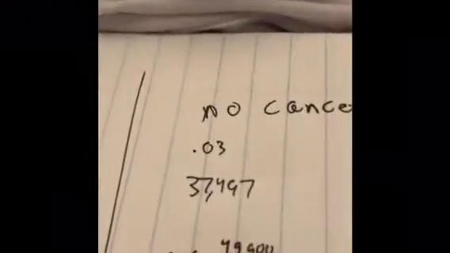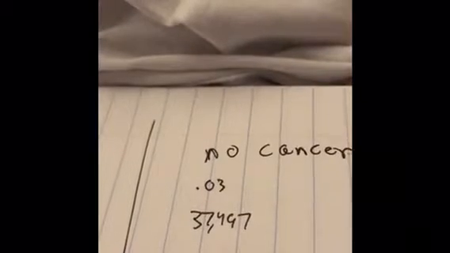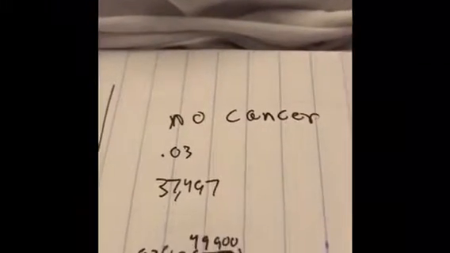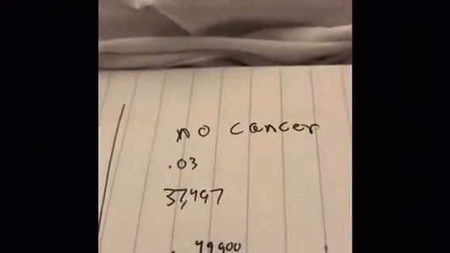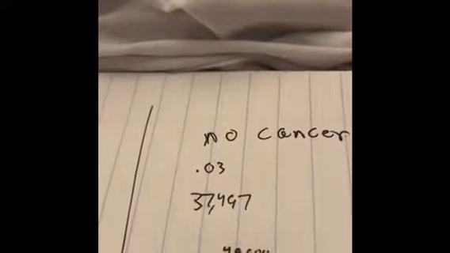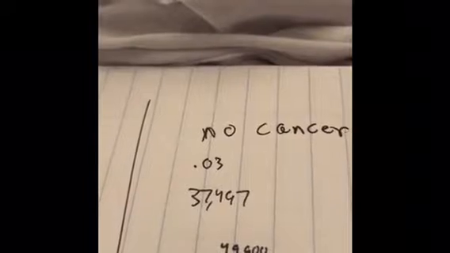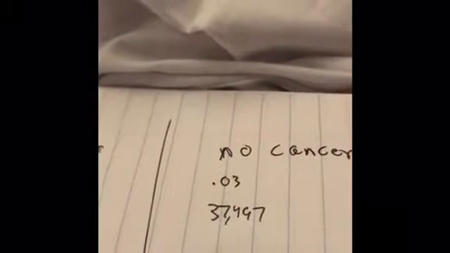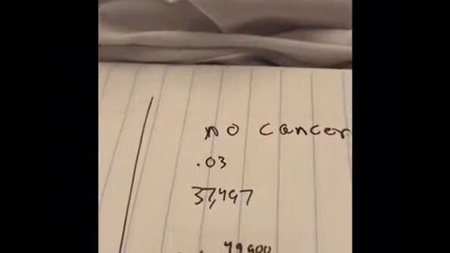Then I popped up to the 0.03. The reason I went up to that one is because that was a given. So this was my next step: take the 0.03 times 1,249,900, which comes out to 37,497.